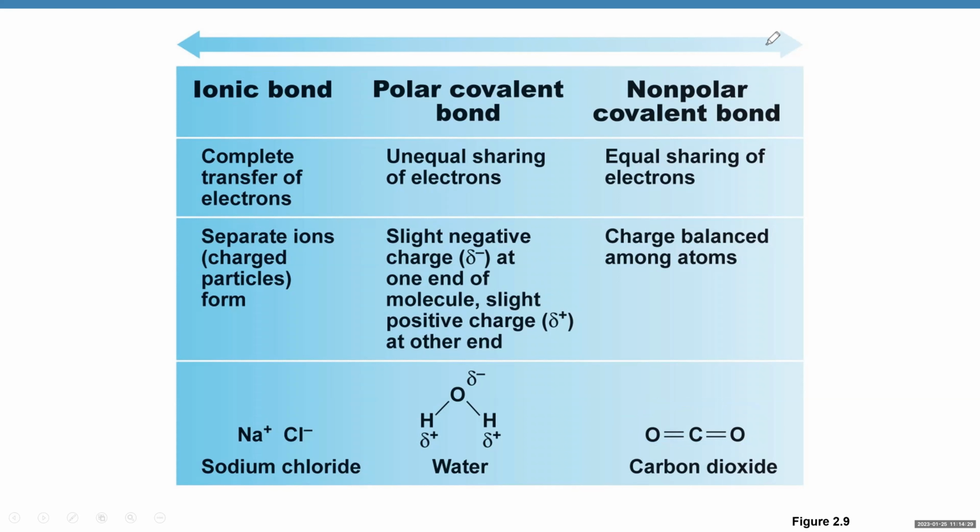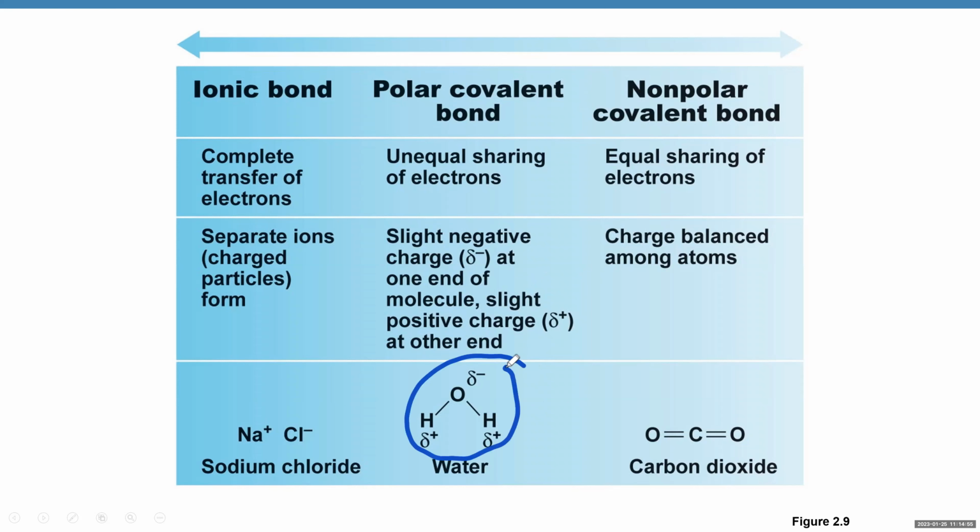And then we're moving toward the ionic bond. So we have the polar covalent bond, instead of non-polar: unequal sharing of electrons, so a slightly negative charge at one end of the molecule and a slightly positive charge at the other end.